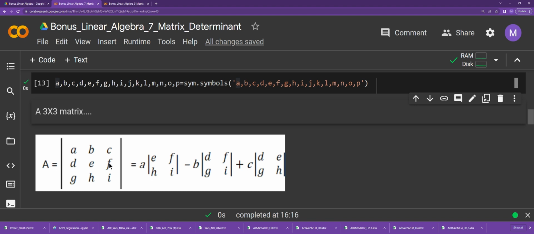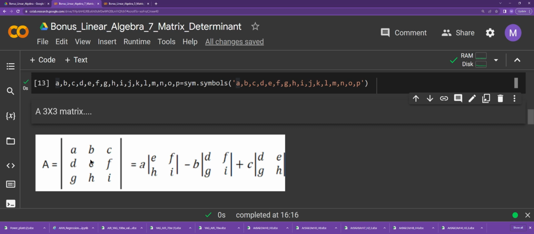D G F I, with the determinant of a matrix that would be like these two columns. Plus, you see, suddenly the sign changed. Very important, yeah? This time we have plus C, which is the last element in the first row, multiplied by the determinant of this part of the matrix.